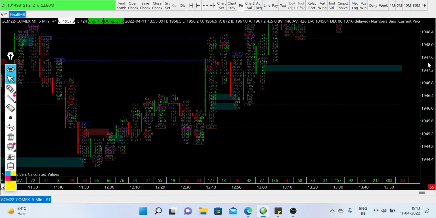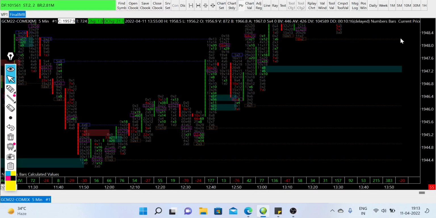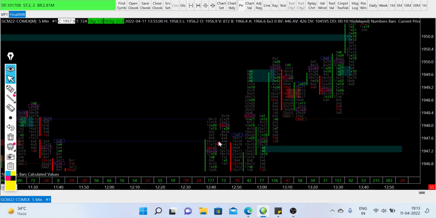As you can see from here, we have a very good upside move after this buying imbalance, and on the price action we have a confirmation that gold is taking support on the pivot point, so this is also a plus point.